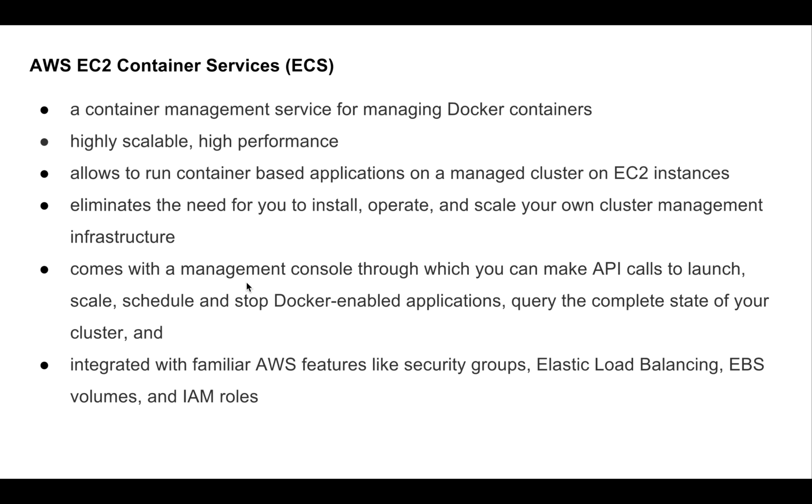And I'm going to show you how to do that briefly. And lastly, and this is the best part in my opinion, ECS is very tightly integrated with Amazon features like security groups, elastic load balancers, EBS volumes, and access management roles.